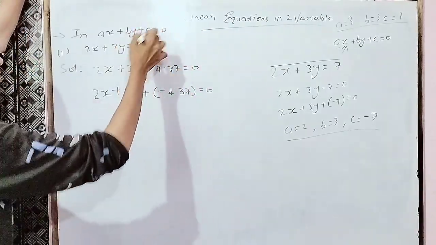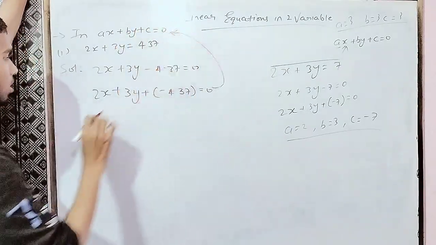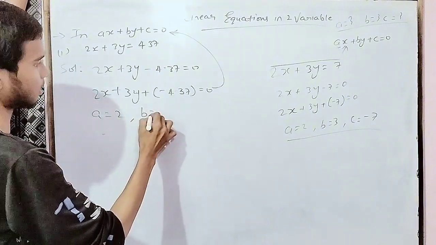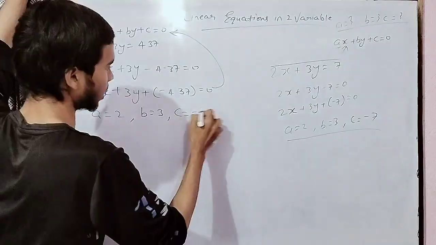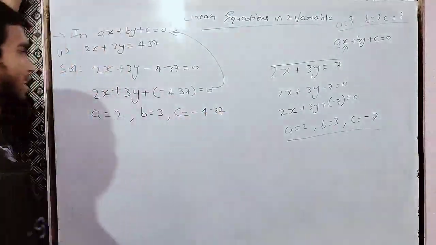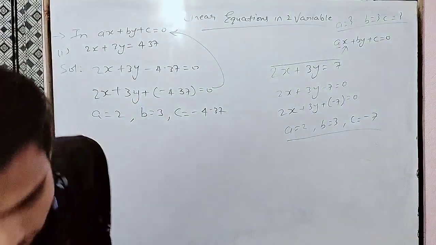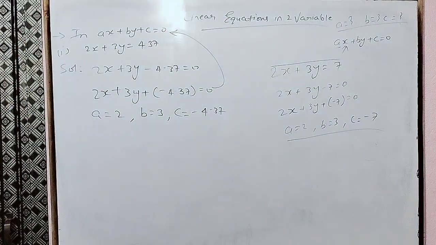Now this is in this form. We can tell A is 2, B is how much? B is 3, C is minus 4.37. That's how you will answer. This was very easy. Now let's take some more questions based on this.